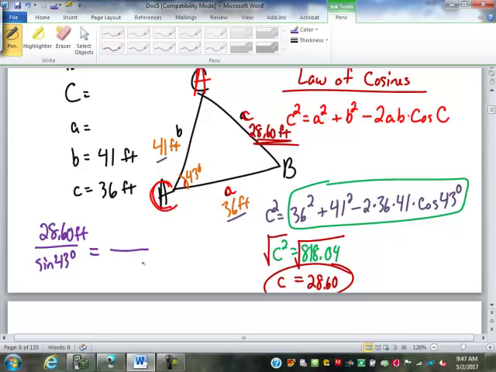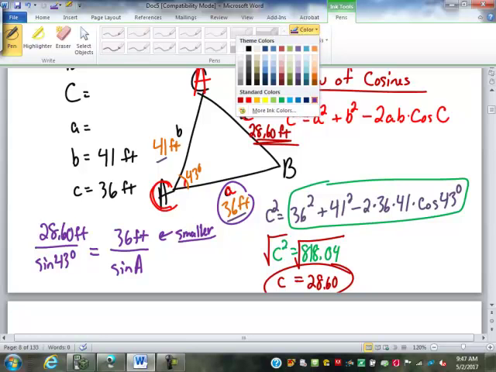Now, you might wonder, does it matter which other side I use first? And the answer is yes, it does. I always want to use the smaller of the two sides first. So which one am I going to put in there? 36 feet. So that's going to be over the sine of angle A. Why do I always want to use the smaller side first?